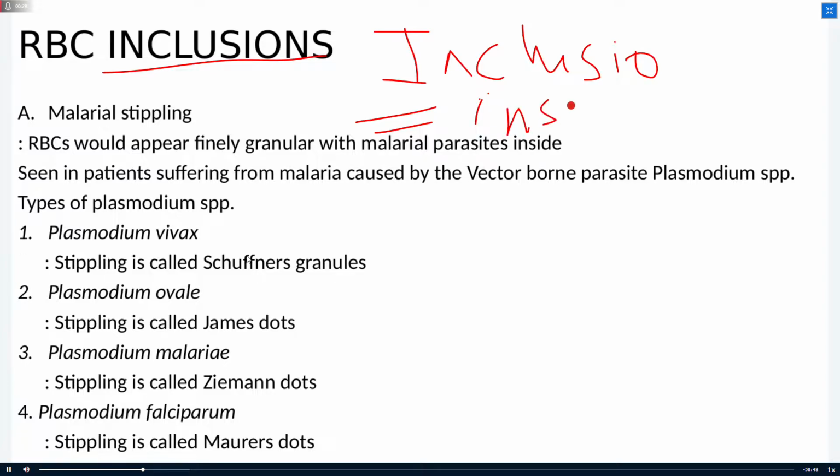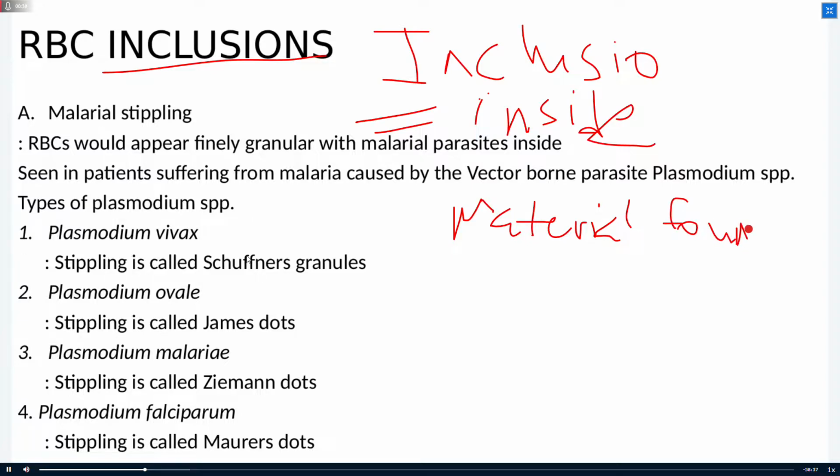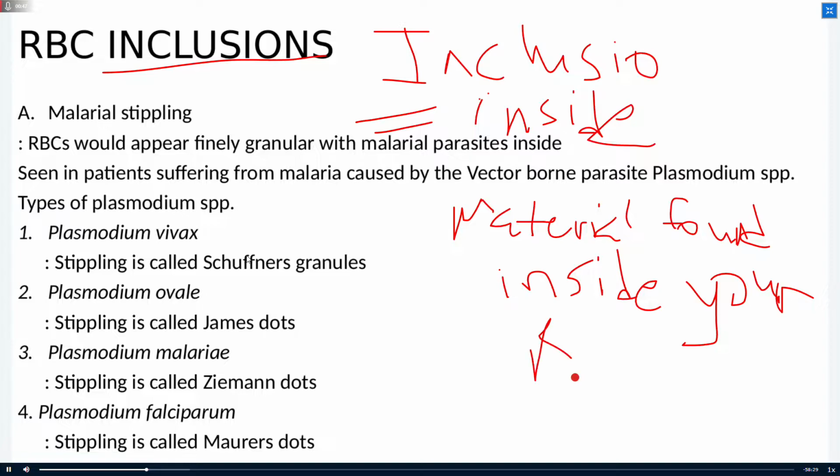So when you say RBC inclusions, these are materials found inside your RBCs. Okay. Now, maraming klase ng materials, class, that could be found, and there are different sources.